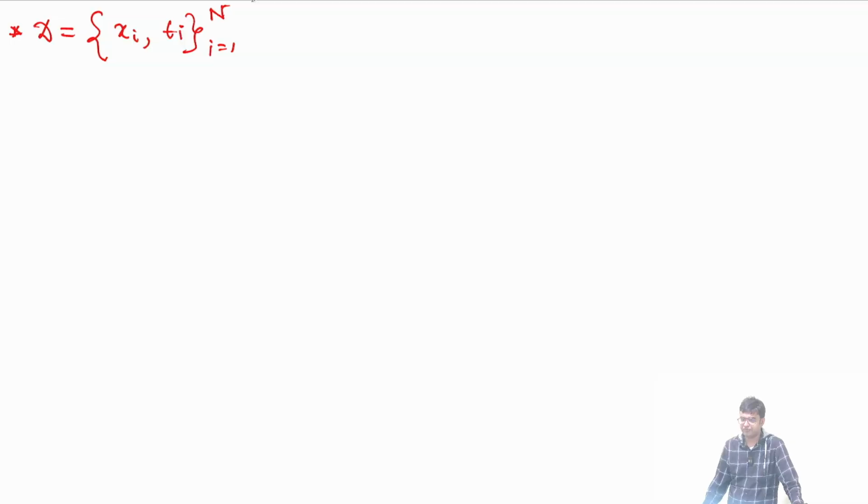Remember that we are interested in using Gaussian process for solving a regression problem, or in developing a surrogate model using Gaussian process. In that basic setup, what we are given is a data set that has xi and ti, and let's say I have n such data points.